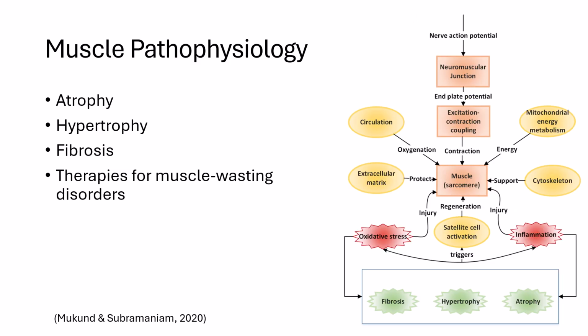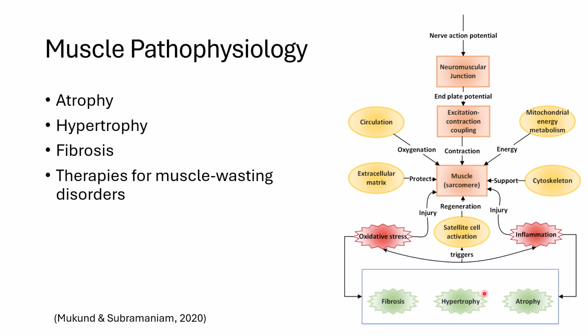Muscle pathophysiology. Let's look at the three key changes that muscles undergo in response to different conditions. First is atrophy, or muscle loss. It occurs due to inactivity, aging, or disease. The body activates the ubiquitin proteasome system and autophagy, which breaks down muscle proteins. Next, we have hypertrophy, or muscle growth.